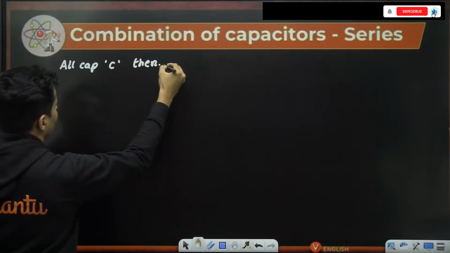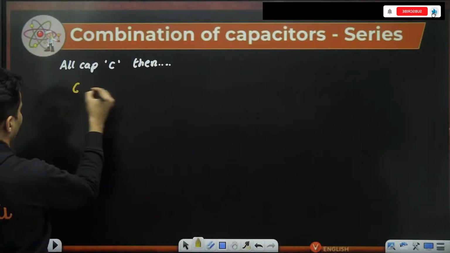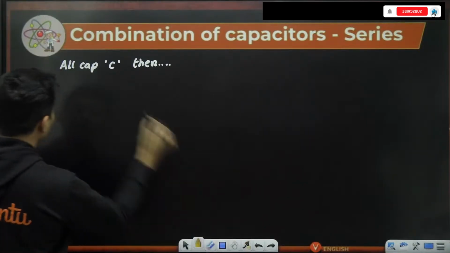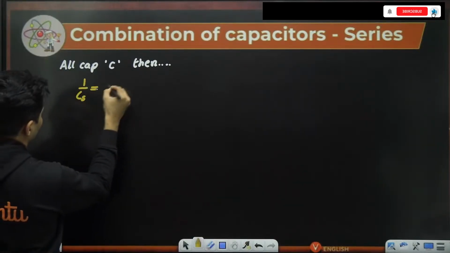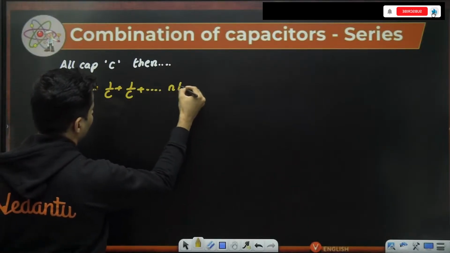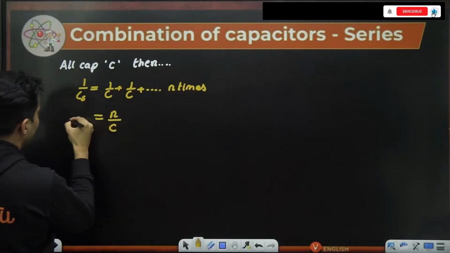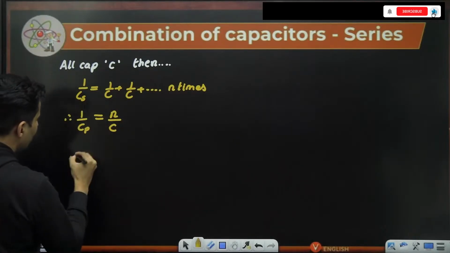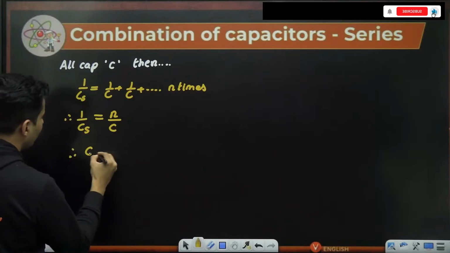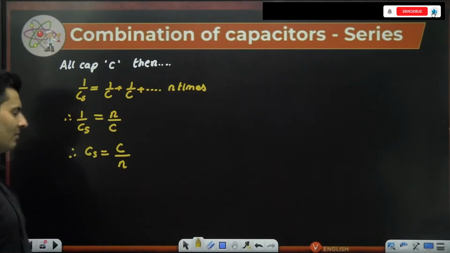If all the capacitors are C, then the net capacitor in series will be nothing but 1 by Cs is equal to 1 by C plus 1 by C, like that, n number of times. So this is as good as saying n by C is 1 by Cs.